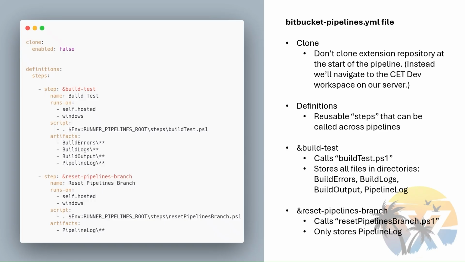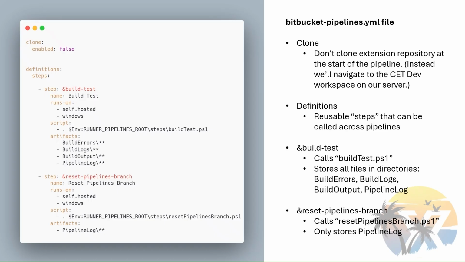So if you have multiple pipelines and they all do something similar, for example, build test, or reset, pull the latest Git branch source code, you can write out those steps once here as a definition, and then you can just call this step from each pipeline.